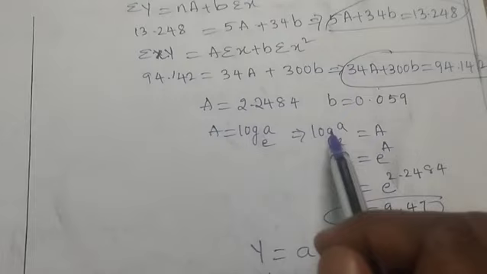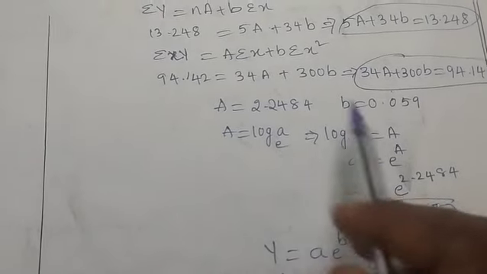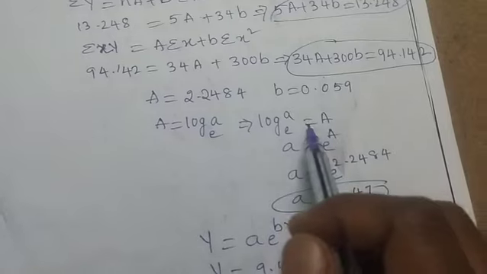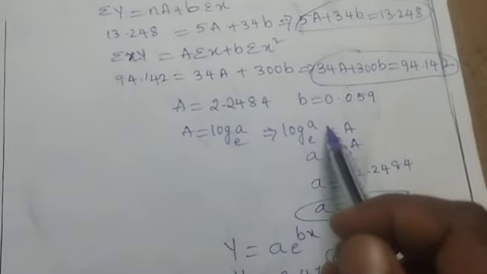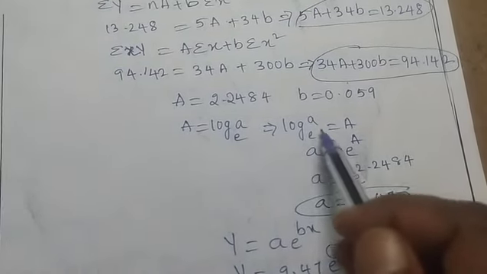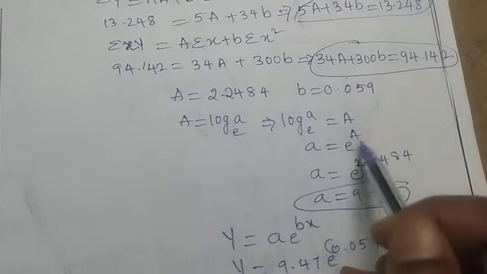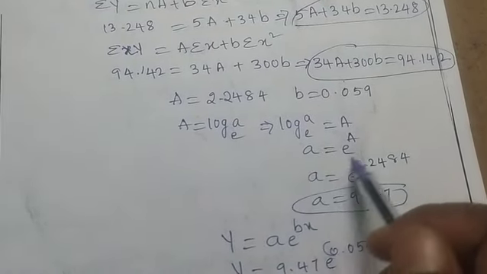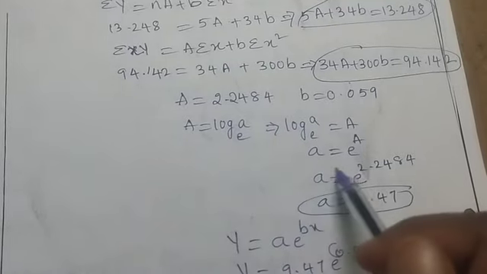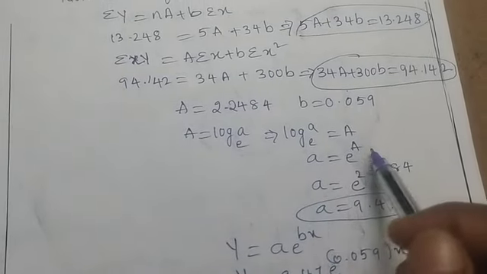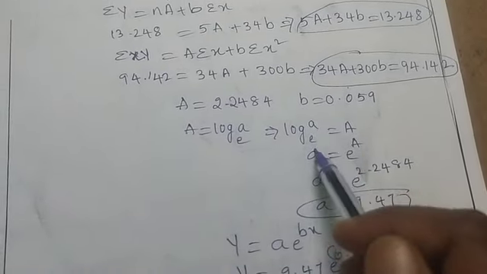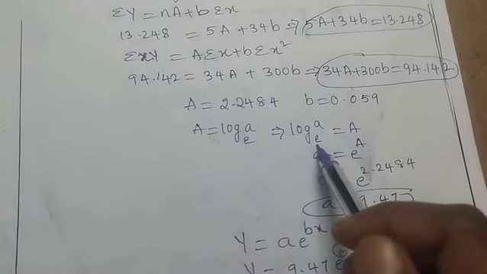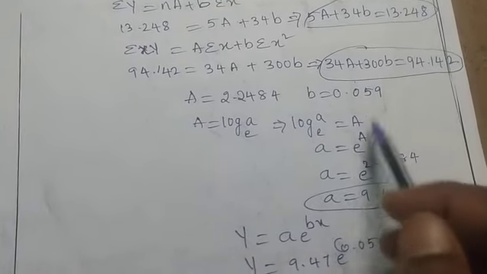For convenience, I took this value as LHS and this value as RHS. To remove the logarithm, we can write this by the definition of logarithm. Otherwise, we can write A equal to e power a, where e becomes base and a becomes power. This is how we get this, based on the definition of logarithm. A equal to e power a means we can write log a base e equal to a. So by the definition, e becomes base and a becomes power.